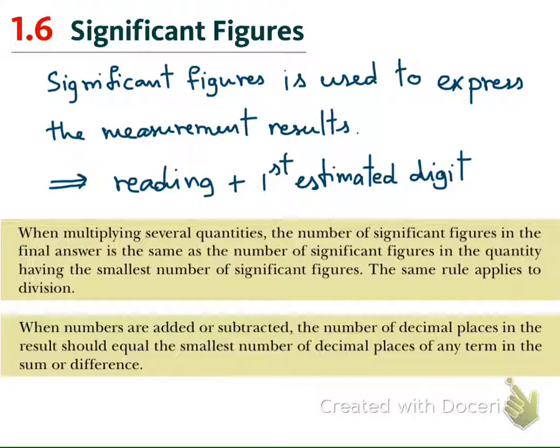But when you add or subtract, the number of decimal places in the result should equal the smallest number of decimal places of any term in the sum or difference. So that is the basic principle of using significant figures. Go to the lab class to study in more detail.